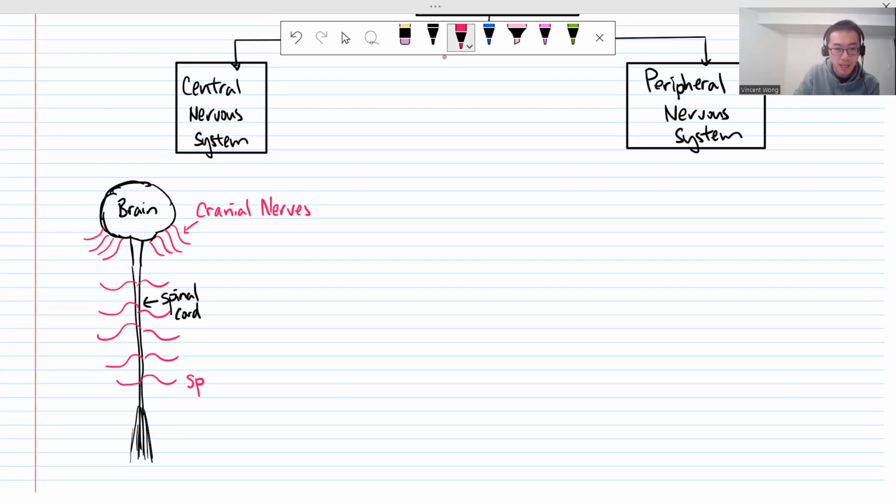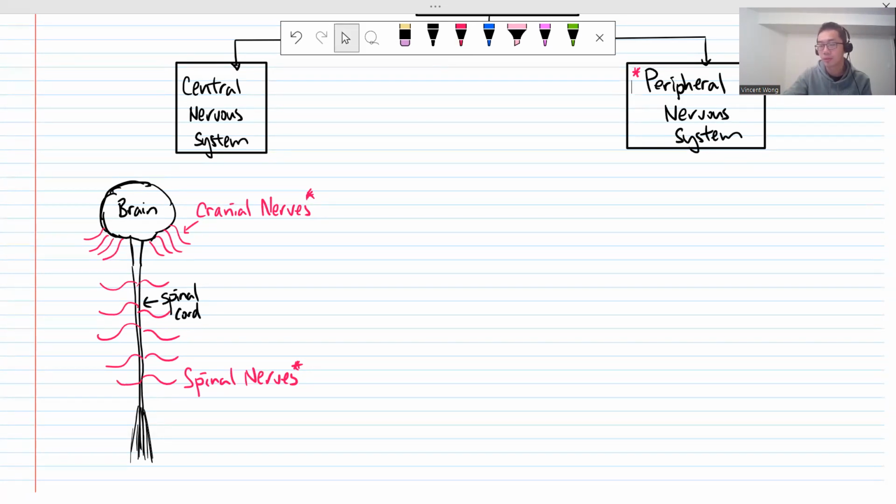These are called the spinal nerves. And these are part of the PNS because they are still part of the nervous system. They still carry electrical signals for you. But they're no longer within the brain or within the spinal cord. They are part of the PNS.